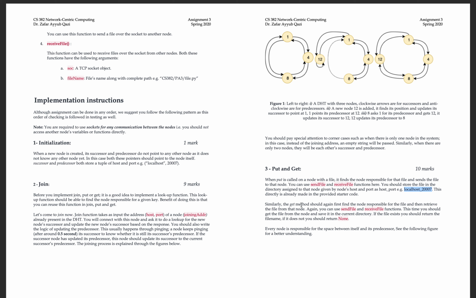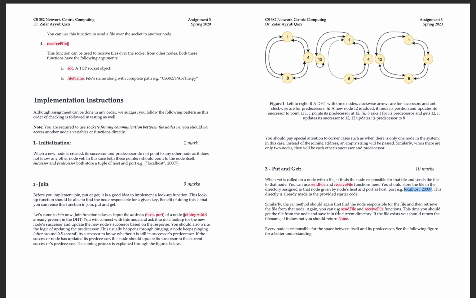Okay, so now when the get function is called, similar to put, I can call get on any of these nodes. That node would perform a lookup for the hash of that file. Basically it will hash that file name to get a key, and then it will look up where that key lies on the system, find the responsible node, and ask if that node has the file or not.